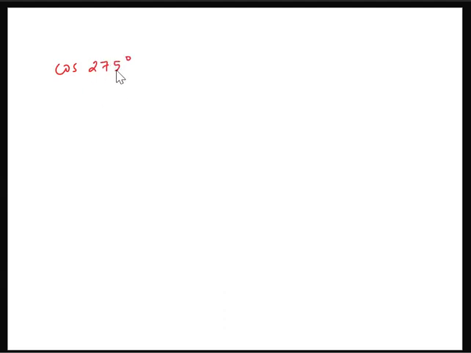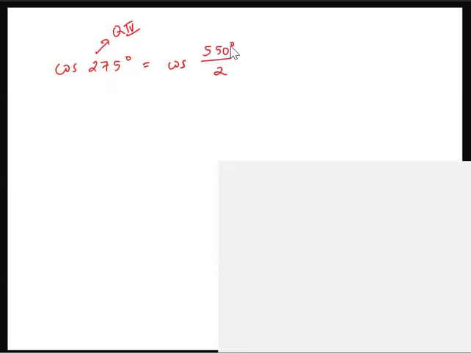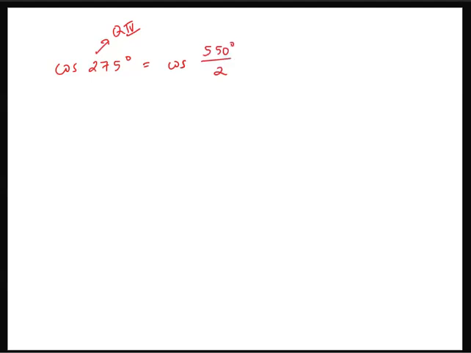The 275 degrees is an angle in quadrant number 4. Now, so cosine of 275 degrees can be written as cosine of 550 degrees over 2. So it's actually a half angle identity, or it's a half angle. So we can make use of the half angle identity.